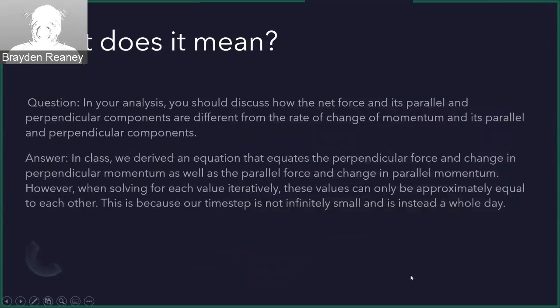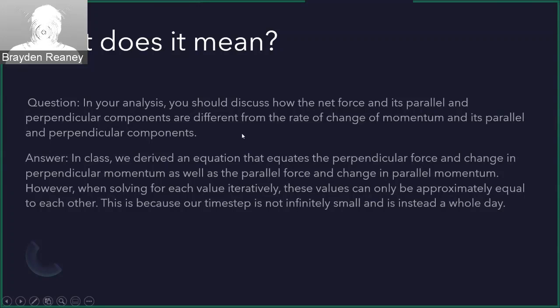What does it mean? To discuss the net force and how its parallel and perpendicular components are different from the rate of change in momentum and its parallel and perpendicular components, we derived an equation in class that equates the perpendicular force and change in perpendicular momentum, as well as the parallel force and the change in parallel momentum.